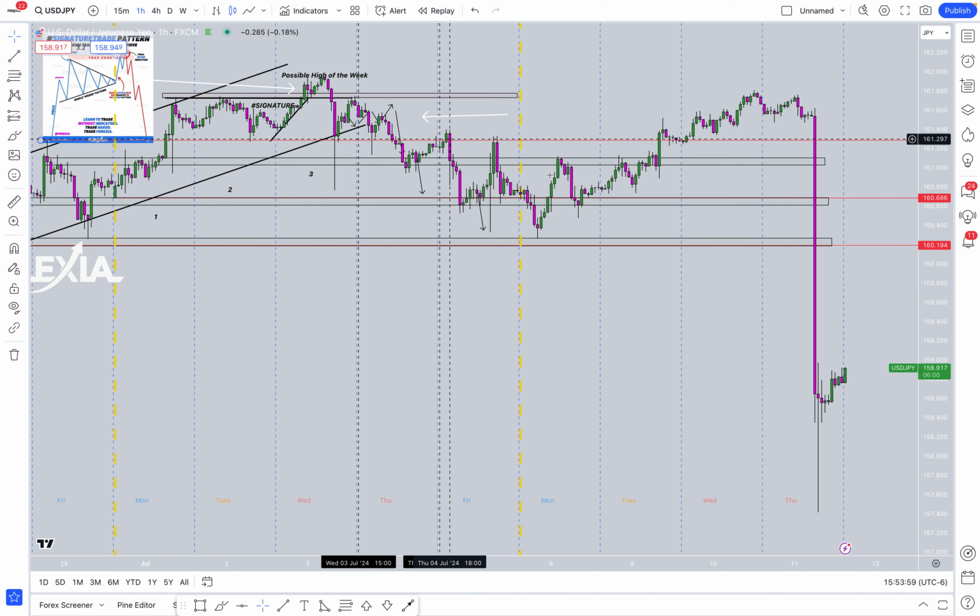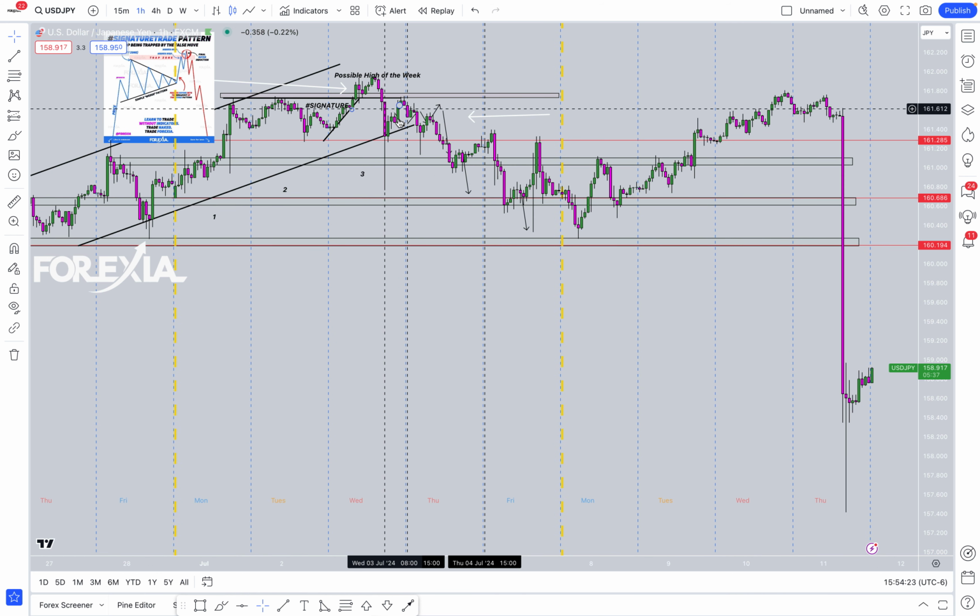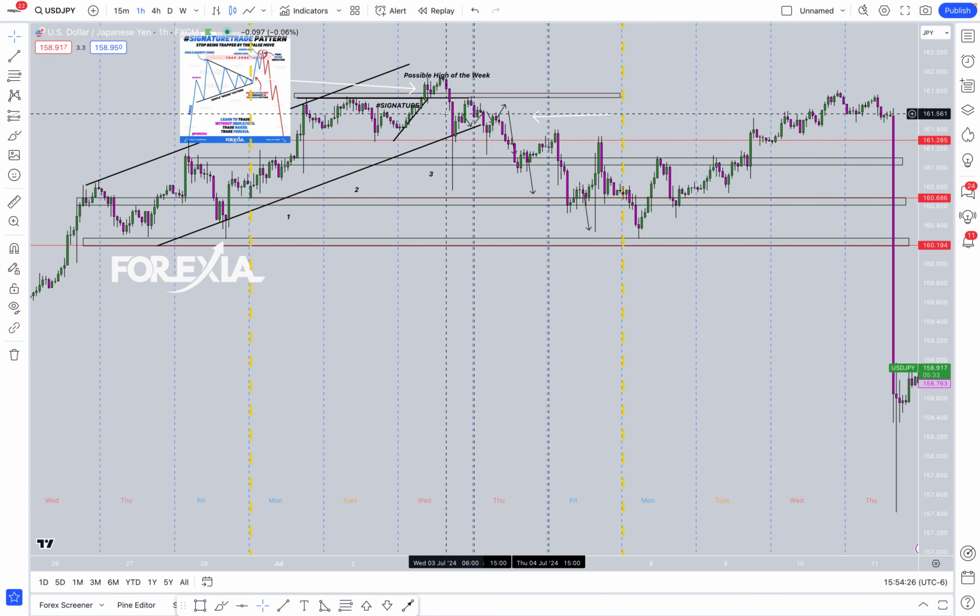If you saw the original analysis, I had another infograph to the right-hand side with session timing, where I projected what I thought would happen in regards to session timing and structure, and that's similar to how the overall price and structure played out.